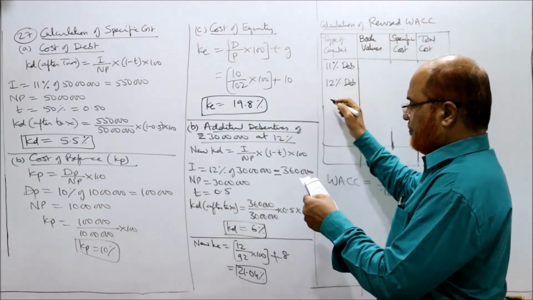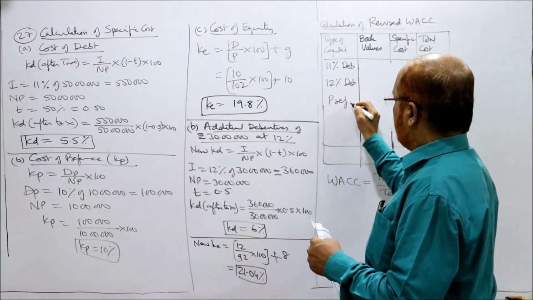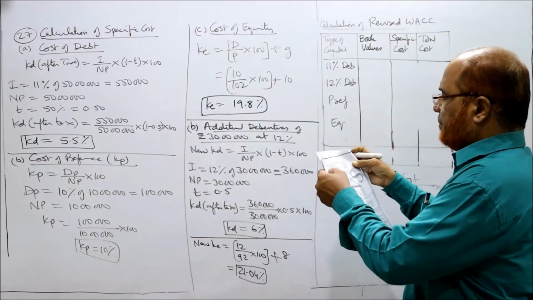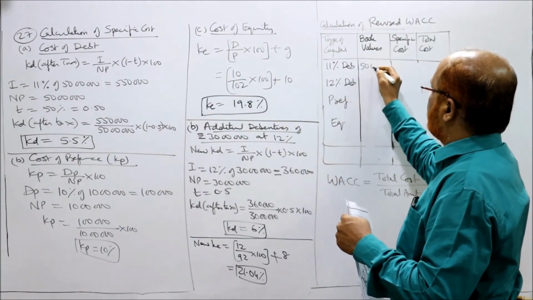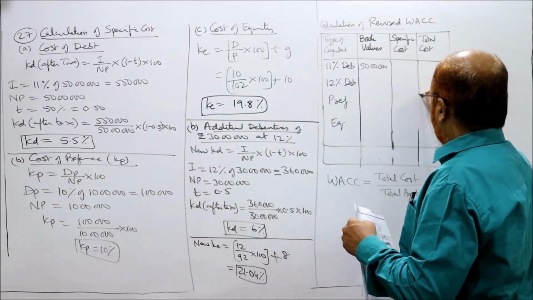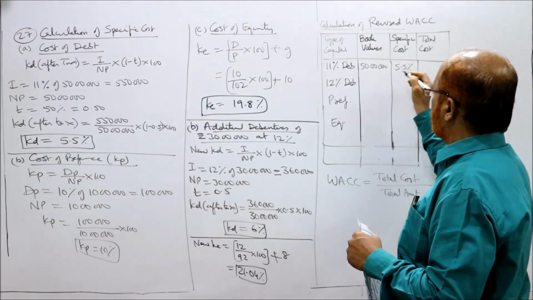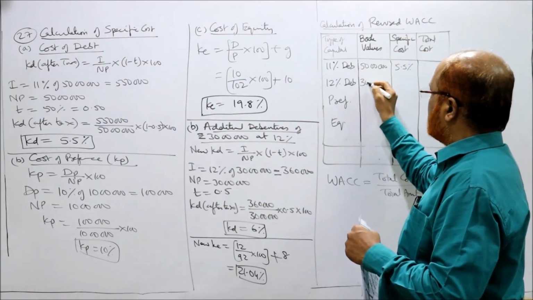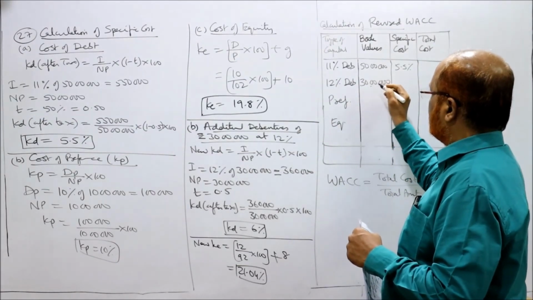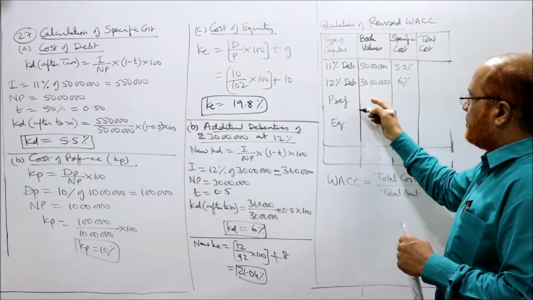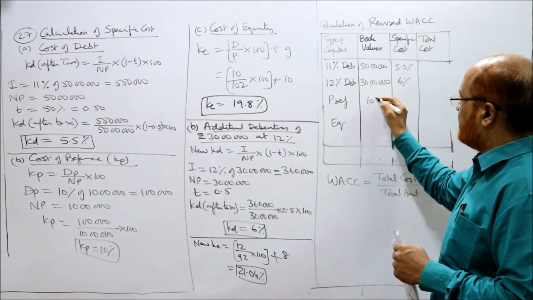Then we have preference. Then we have equity. So 11% debentures are 50 lakh. For this the KD is 5.5%. And 12% debentures are 30 lakhs. And the rate of interest is 6%. Preference capital remains same, 10%.